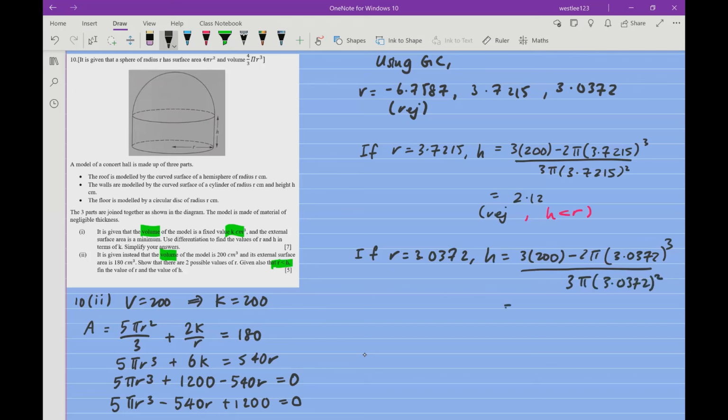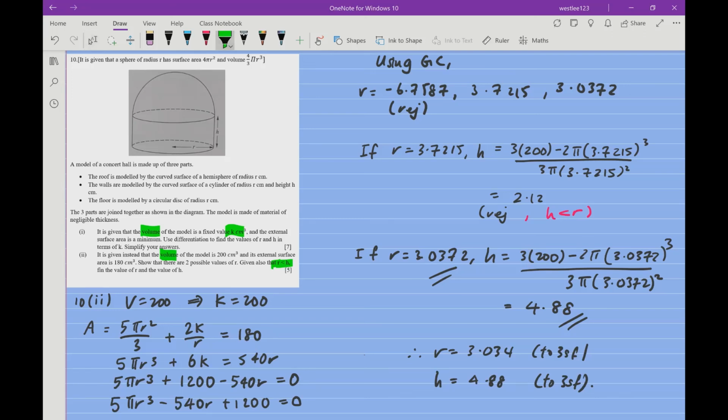This will give you 4.88, which we will keep because, like the question mentioned, the radius is supposed to be shorter than the h value. So r equals 3.04 to 3 SF, h equals 4.88 to 3 SF. Right? So this is how we do question 10.